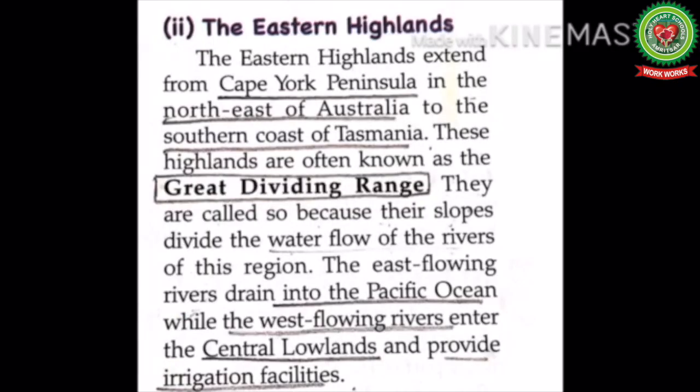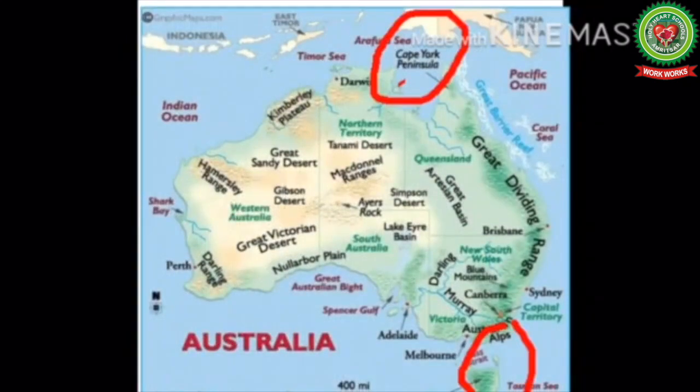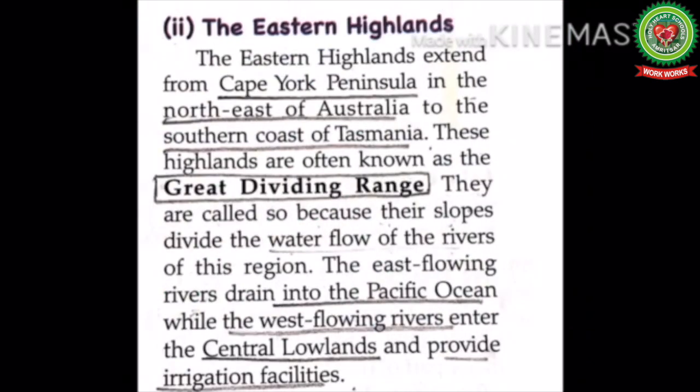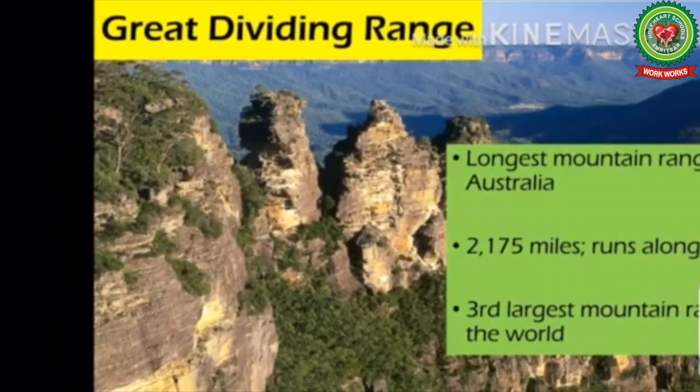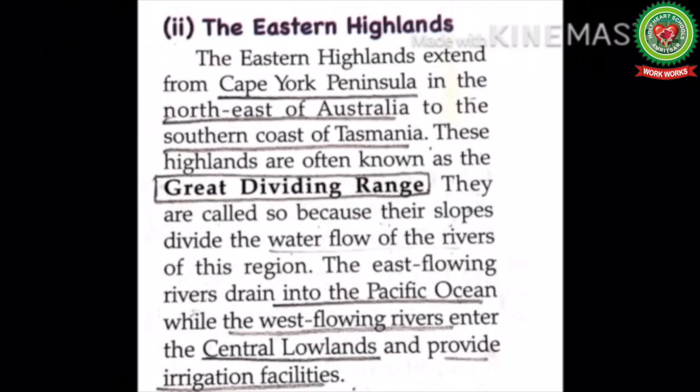The Eastern Highlands extend from Cape York Peninsula in the northeast of Australia to the southern coast of Tasmania. These highlands are known as the Great Dividing Range. They are called so because the slopes divide the water flow of the rivers of this region.